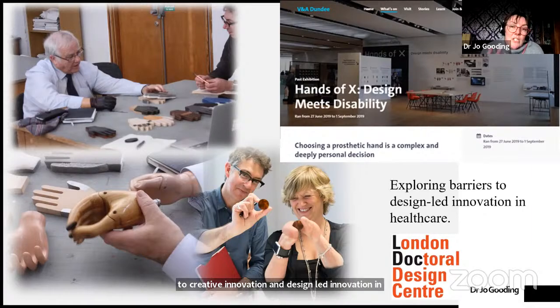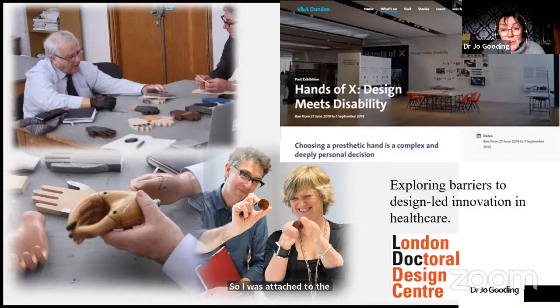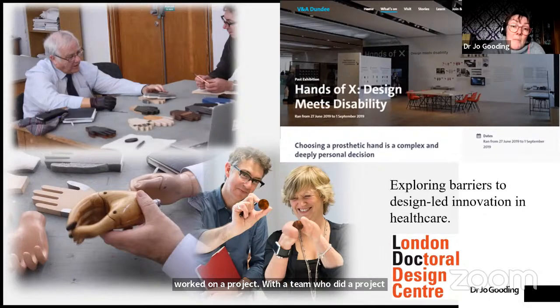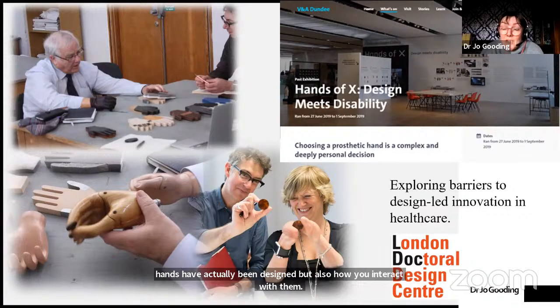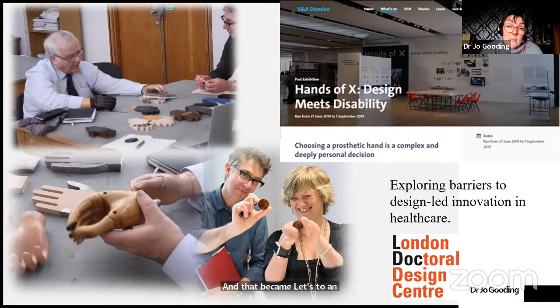So I was attached to the London Doctoral Design Centre, and I worked on a project with a team who did a project called Hands of X. And we were looking at how prosthetic hands have actually been designed, but also how you interact with them. And that led to an exhibition called Design Meets Disability at V&A Dundee.